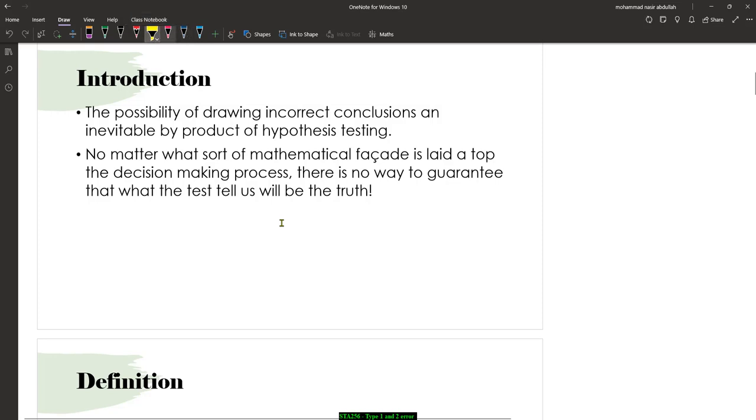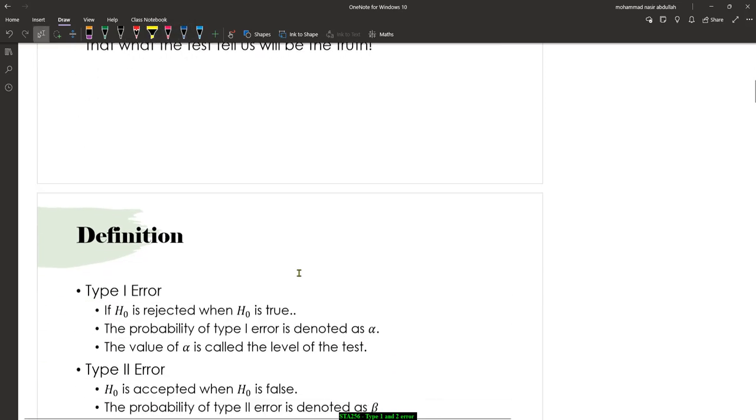No matter what sort of mathematical facet is in the decision process, there is no way to guarantee that we're going to have a 100% correct result. There will always be a probability of making a wrong result. So in order to avoid making a wrong conclusion, we want to minimize the probability of type 1 error and type 2 error.